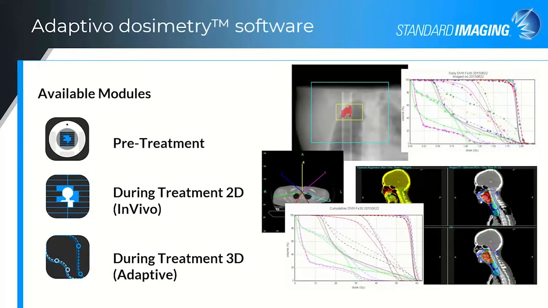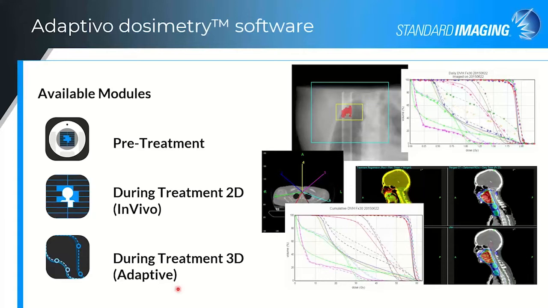So I will provide a brief overview of the modules in Adaptivo. These are pre-treatment, during treatment 2D, which we refer to as in vivo, and during treatment 3D, which we call adaptive, the adaptive module.